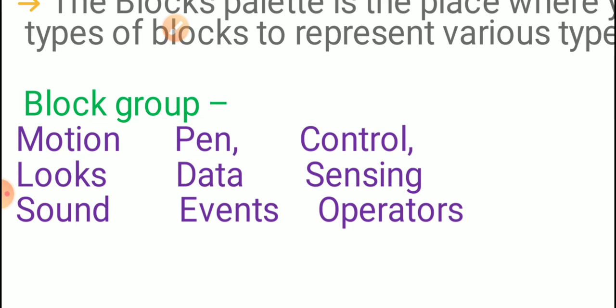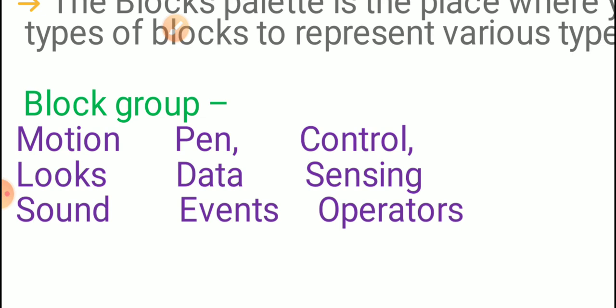It contains blocks to perform actions when a particular event occurs. An event means occurrence of something, like a particular key is pressed, mouse is pressed on an object, a loud noise.